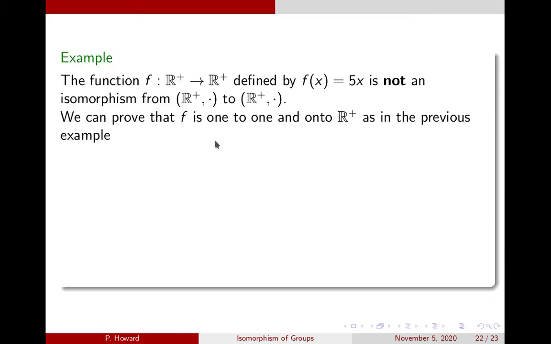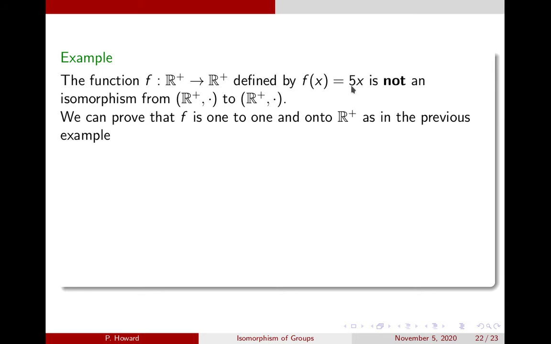Okay, let's try this example. We are using the same function, same formula for the function. f of x is 5x. But now we are looking at the function from the positive reals to the positive reals, defined by f of x equals 5x.